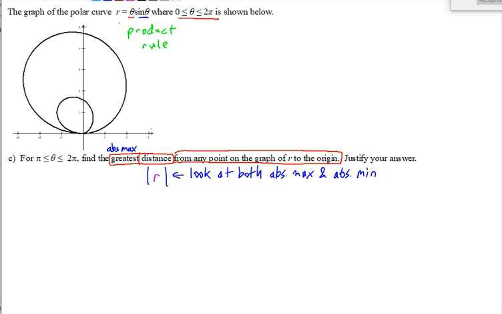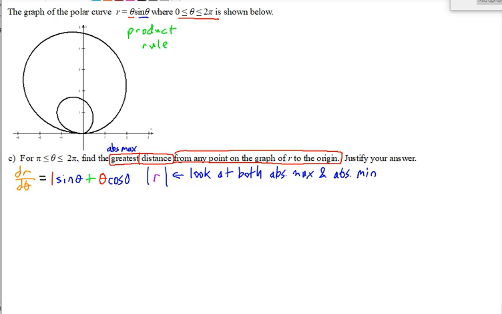So here the derivative we'd write as dr d theta. Using the product rule, derivative of theta, just like the derivative of x, is just 1, times the second one, sine theta as it is, plus the first one as it is, theta, times the derivative of the second one, derivative of sine is cosine.